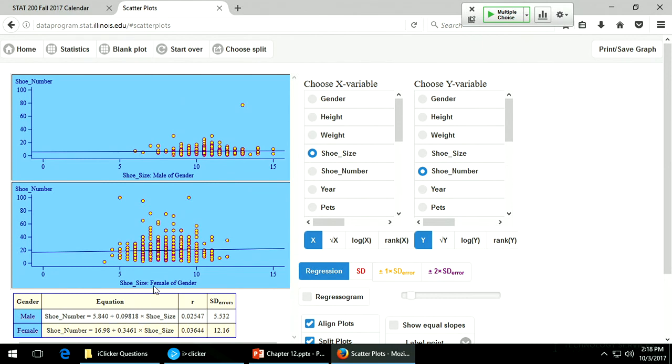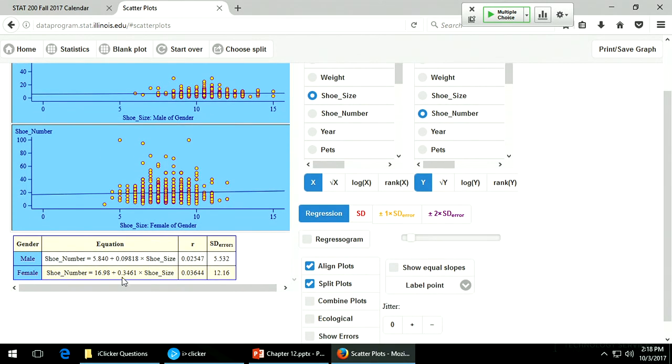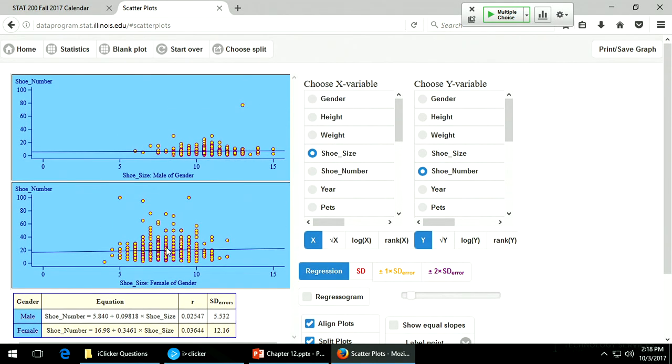For each extra pair of shoes that guys own, it's just 0.09. It's very flat here. And for females, it's also a very small effect, 0.34, and it's not significant. So basically, it disappears.